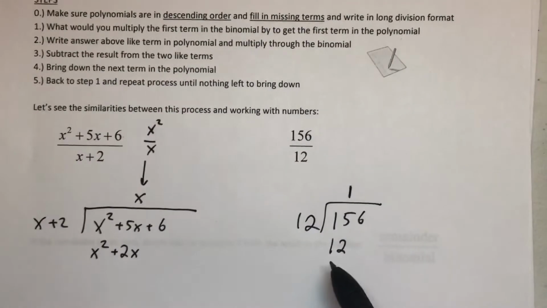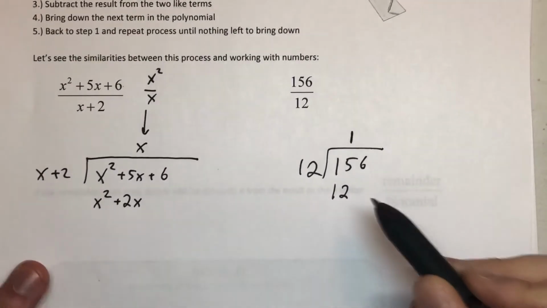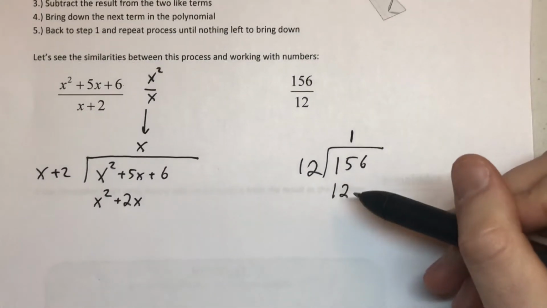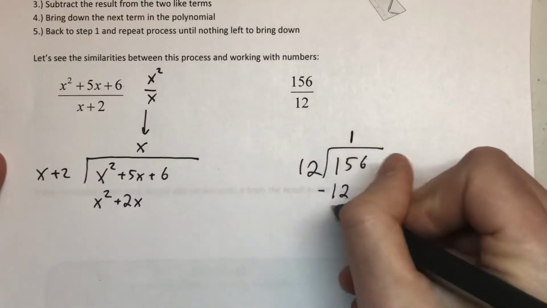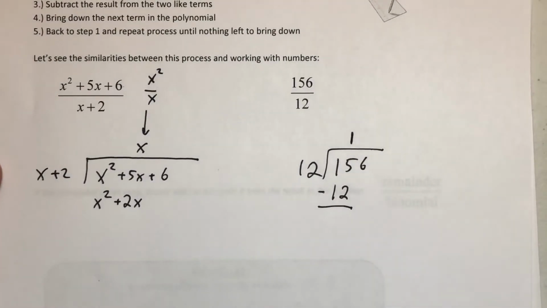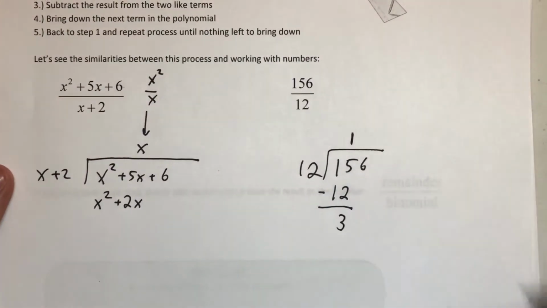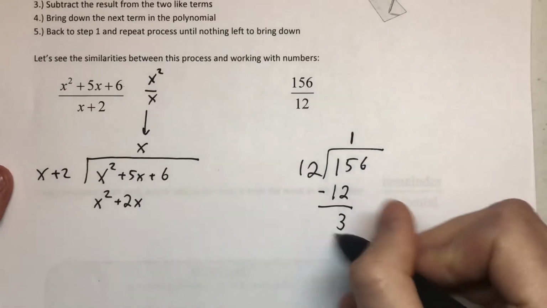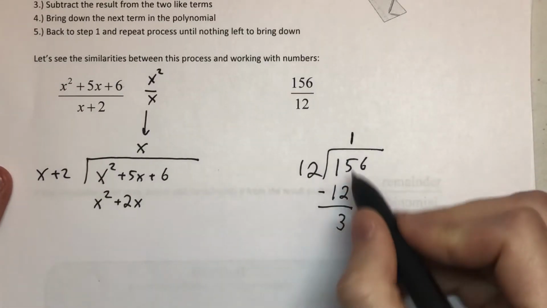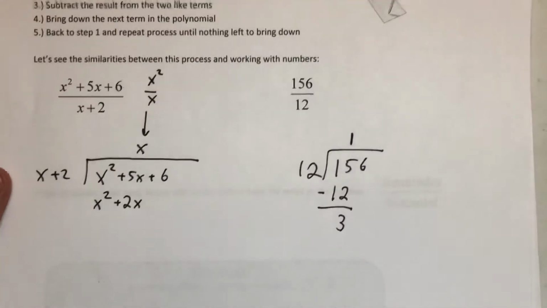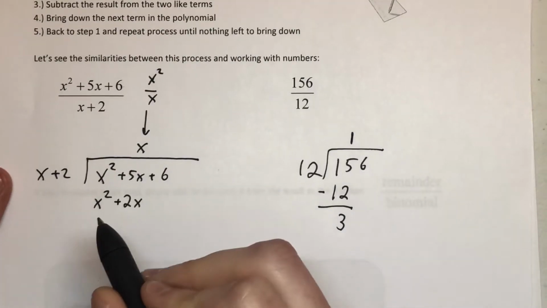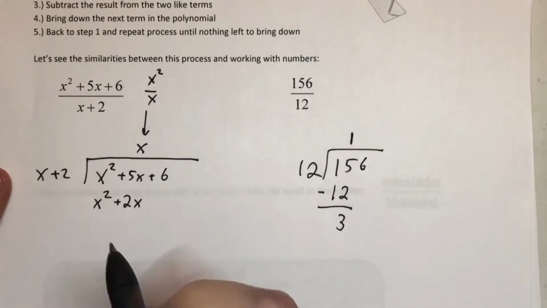But now, back to the numbers, because when you're dealing with the numbers and you get to this step, when we say how close do we get, we then subtract to find out. 15 minus 12, leaving me with 3. That's how close we got. 12 went into 15 one time with 3 left over. Same thing here. To do the subtraction step, you got to be very careful.